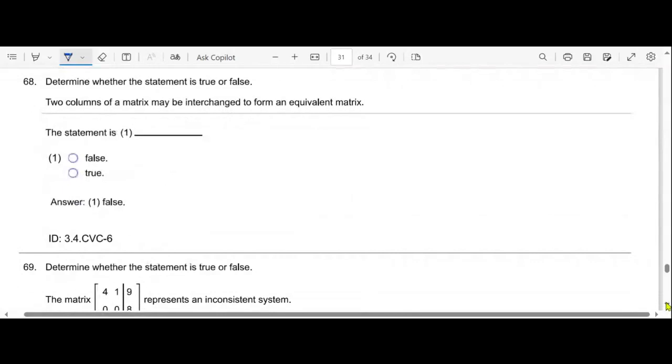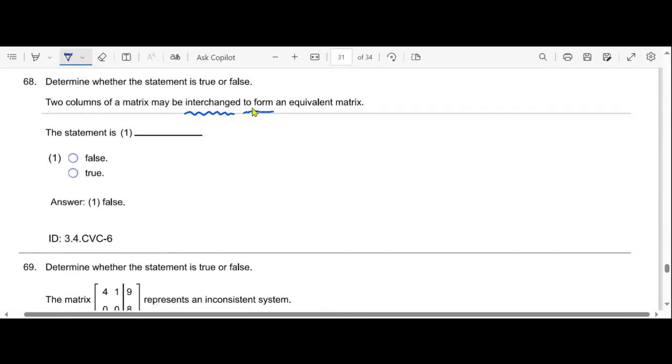Read, Ahmed. The statement is: determine whether the statement is true or false. Two columns of a matrix might be interchanged to form an equivalent matrix.